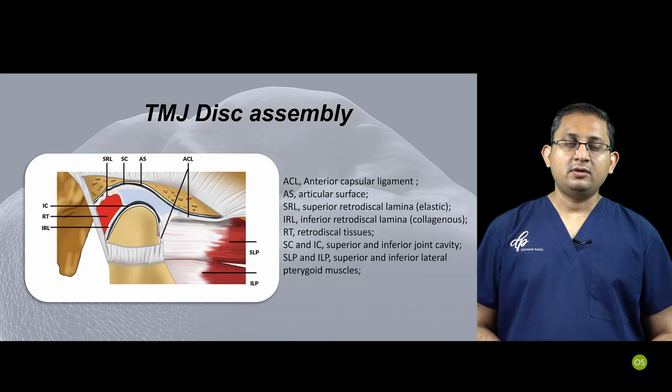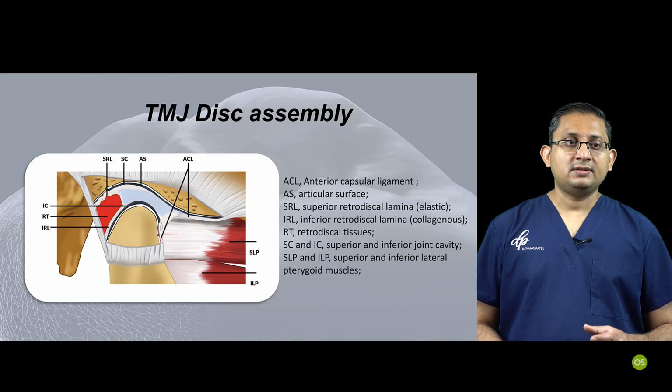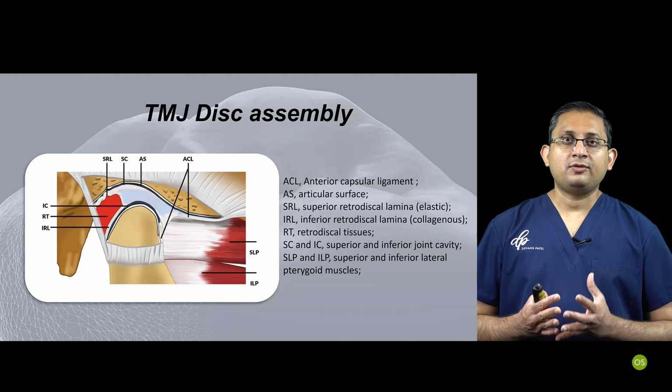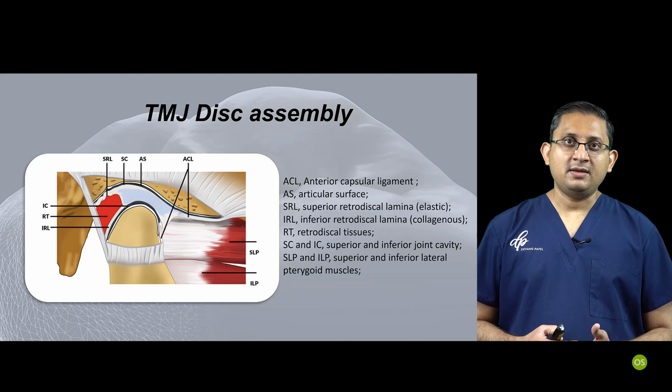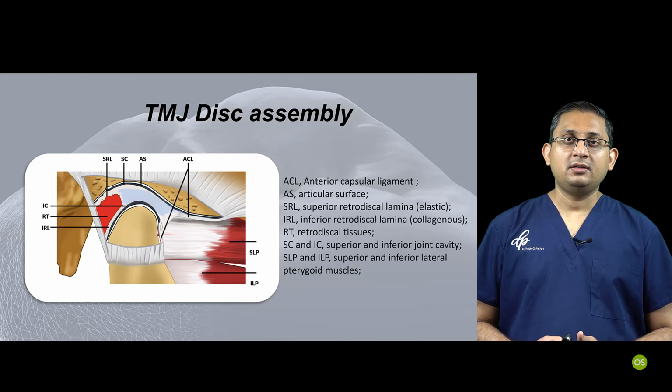You have the superior and inferior retrodiscal lamina, then you have retrodiscal tissue within that. Retrodiscal tissue is a very important and very sensitive tissue, and because of that, many times patients come with pain when you have intracapsular derangements. We'll discuss that in more detail in later videos.